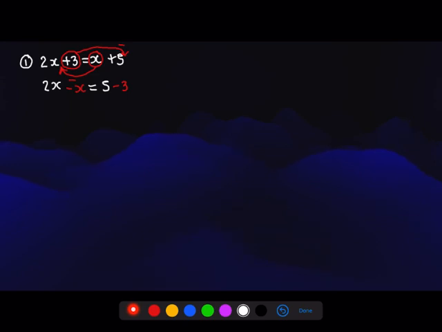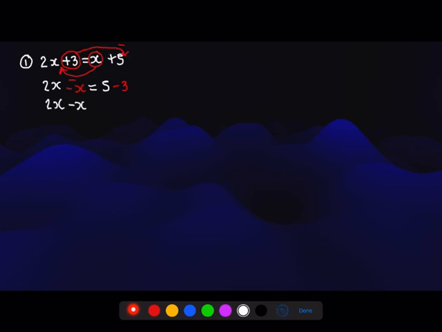And then equals 5 minus 3, since positive 3 moves, it becomes a negative and switches to the opposite sign.